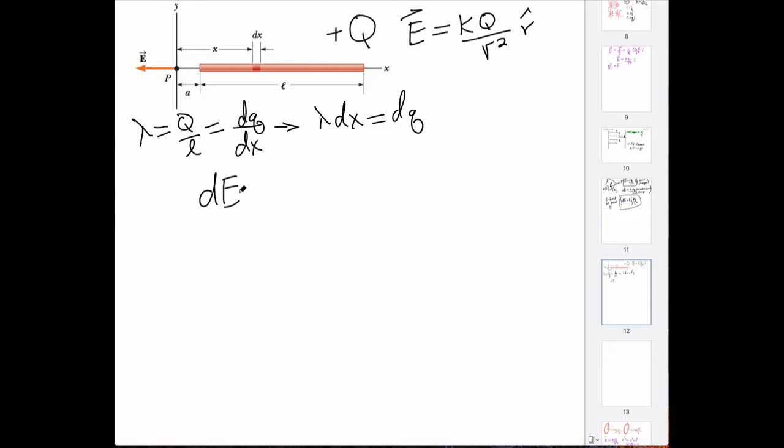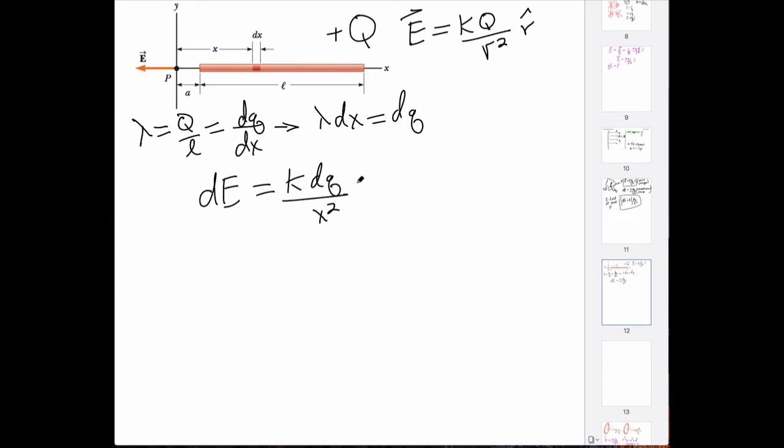So the differential E field from this little tiny dx equals k times dq divided by, instead of r now, we said that the distance from here to where that little differential element is located is x, so we can replace r squared with x squared. And we're not treating this as a vector, this is the magnitude quantity.